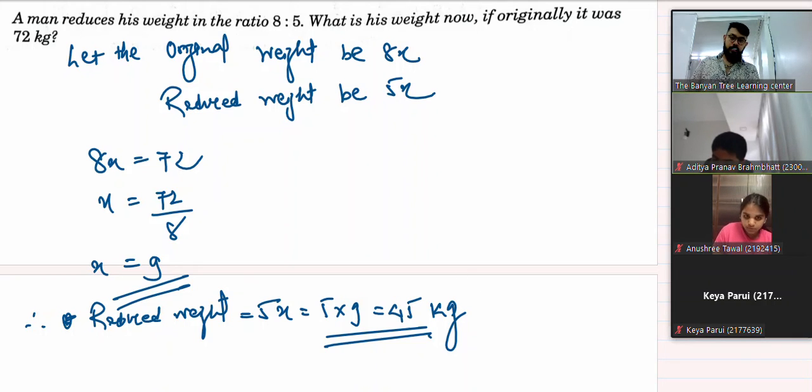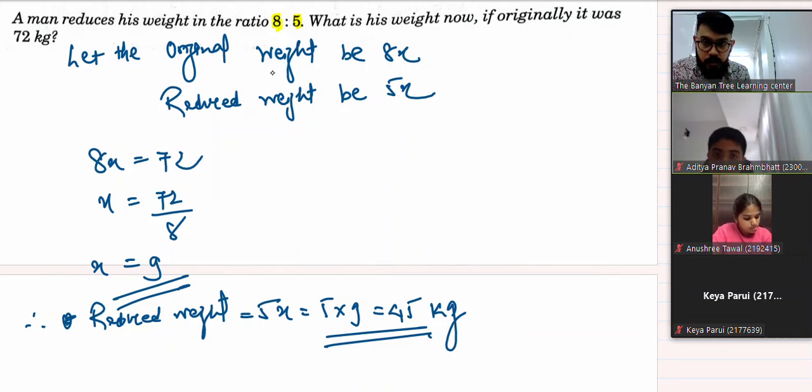This was quite easy, simple question. But I didn't get that you just made an equation that 8x is equal to 72. So why did you do that? Because they have said a man reduces his weight in the ratio 8:5.